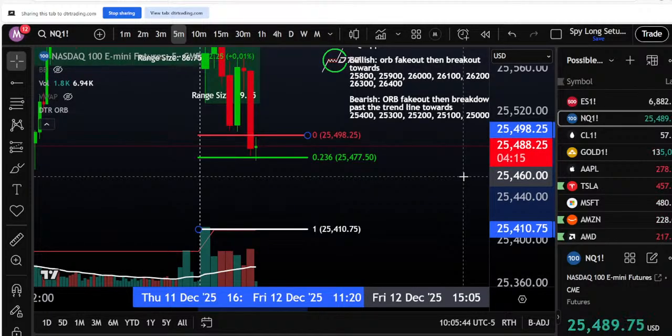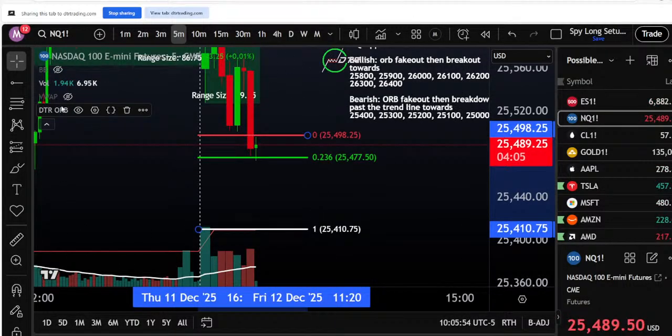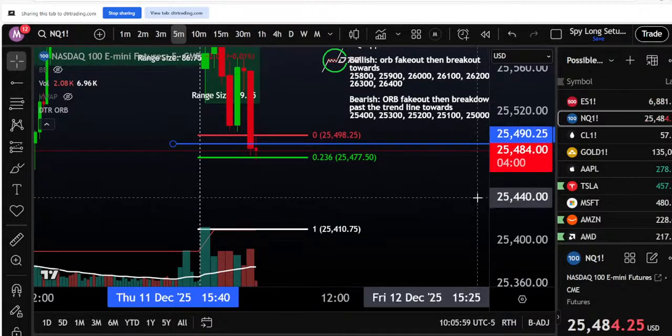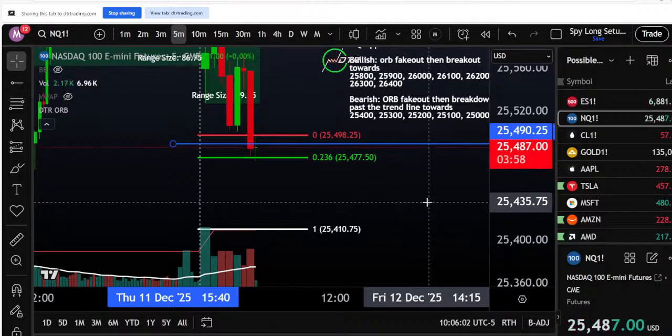You're looking at a 499 stop loss for now, and a reference price around that 90 zone. Again, watch the speed of this pullback here.